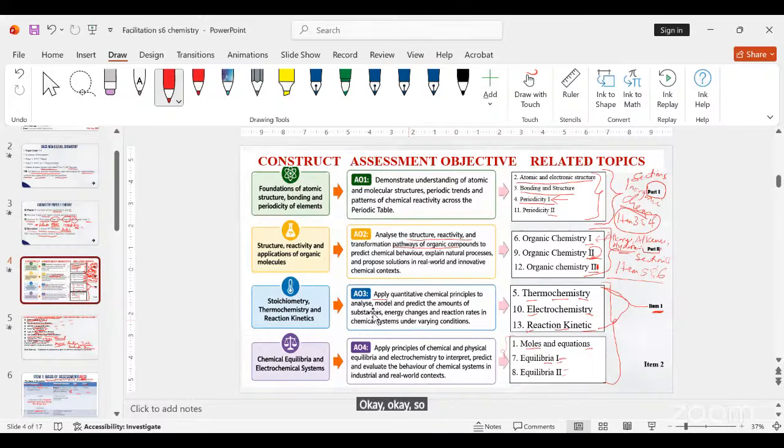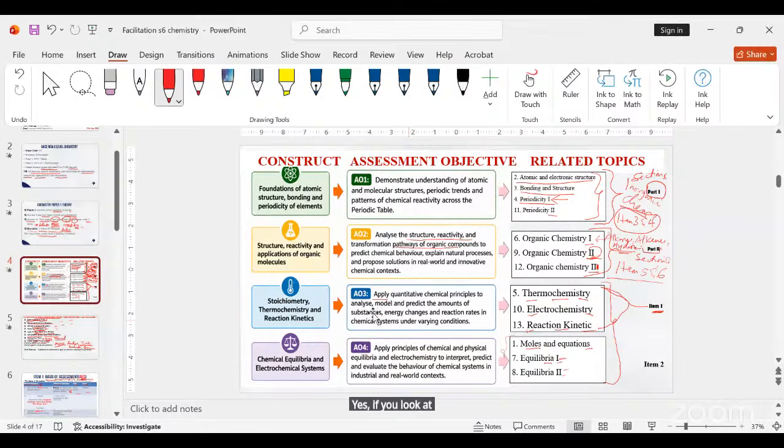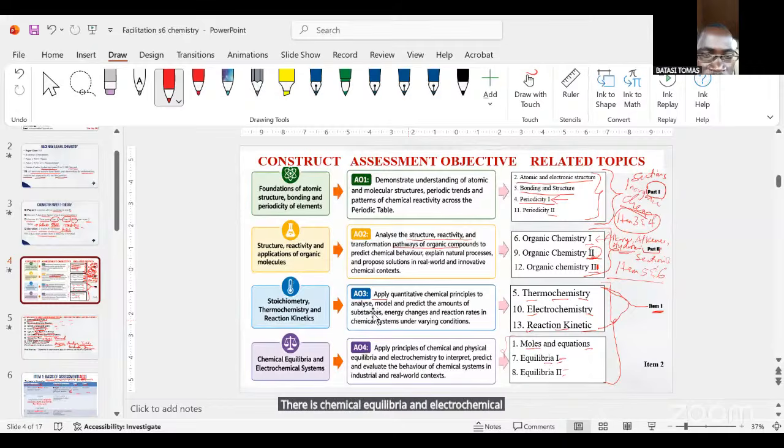Okay, so you're saying that assessment objective 3, that's why you have thermochemistry. Yes, if you look at electrochemistry, on your left, there is chemical equilibria and electrochemical systems.